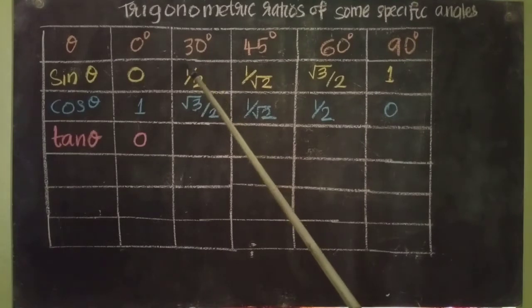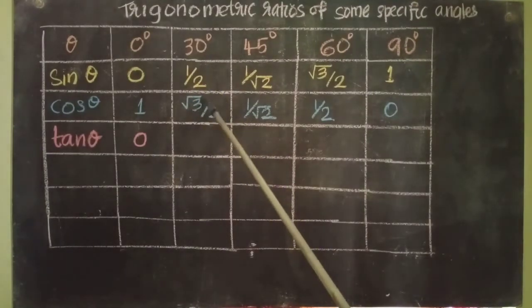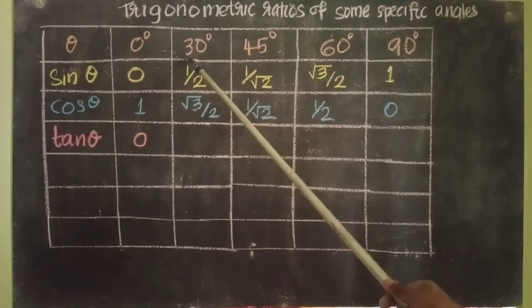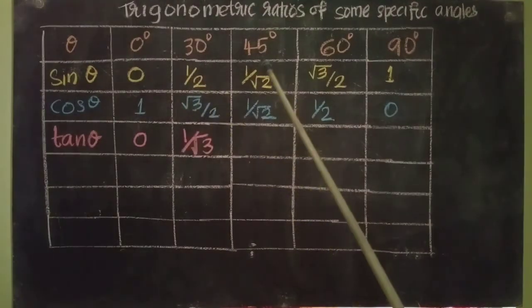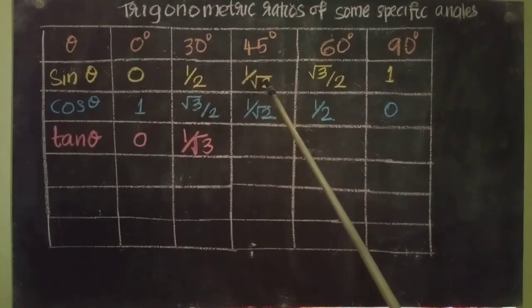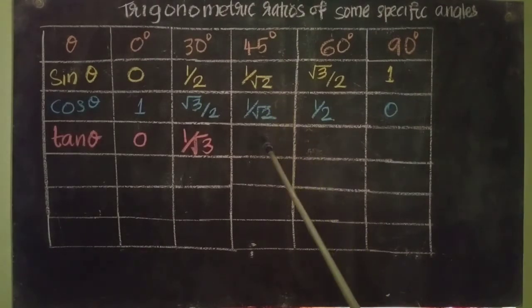Next 1 by 2 divided by root 3 by 2. Here you can see the denominator is same. We can cancel. Then what is remaining? 1 divided by root 3. Next 1 by root 2 divided by 1 by root 2. Same quantities are dividing. So we get the answer 1.